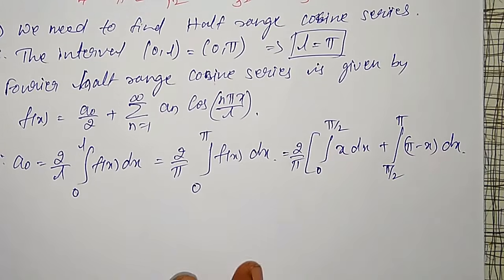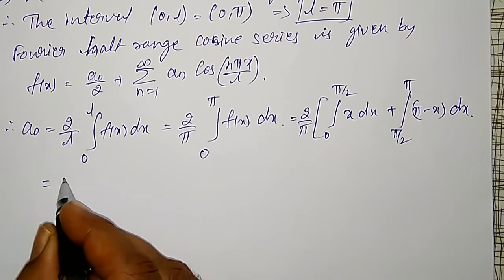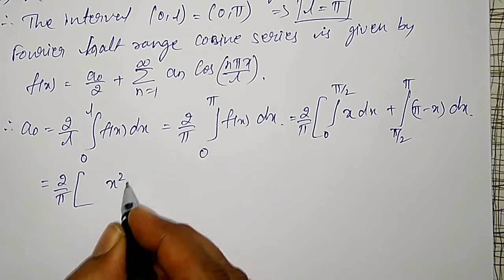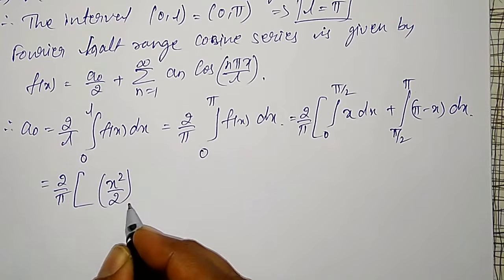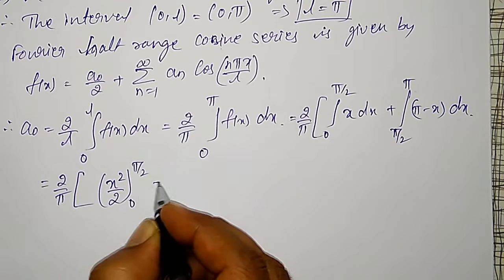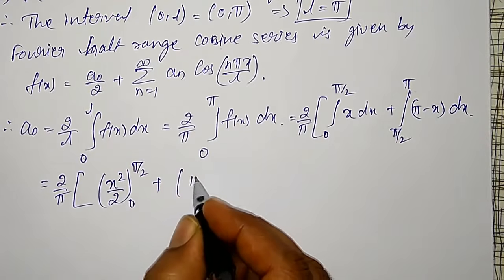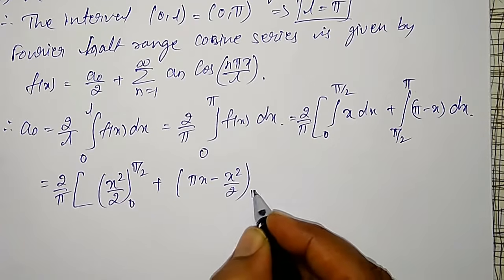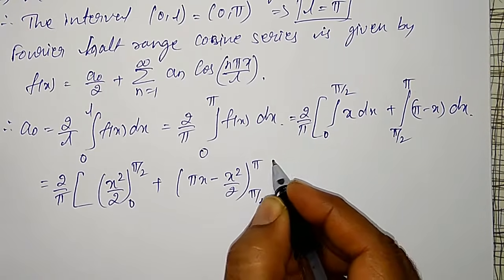This one I have to evaluate now. That is nothing but 2 by pi common outside. Integration of x is x square divided by 2 between the limits 0 to pi by 2, plus for this, integration is pi x minus x square by 2 between the limits pi by 2 to pi.